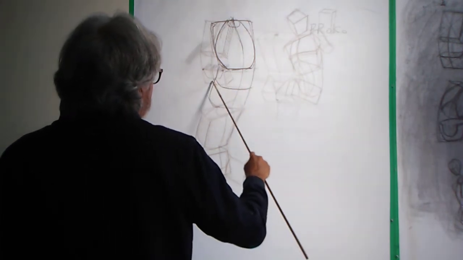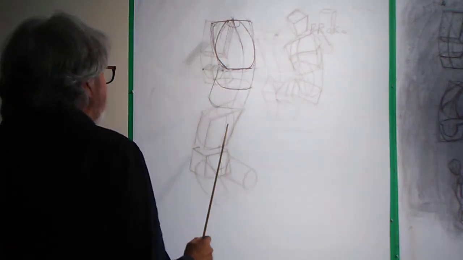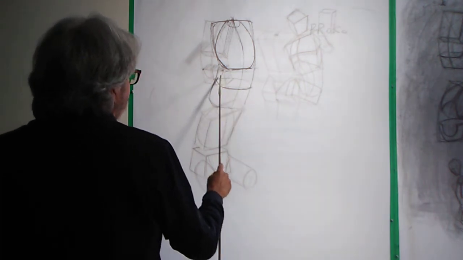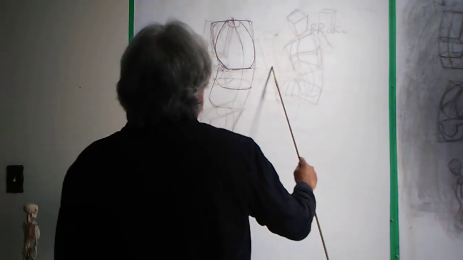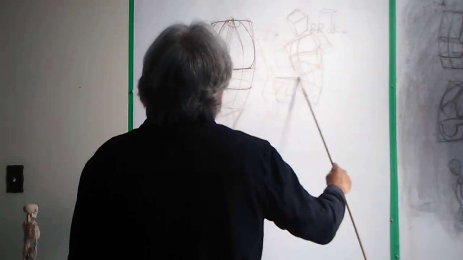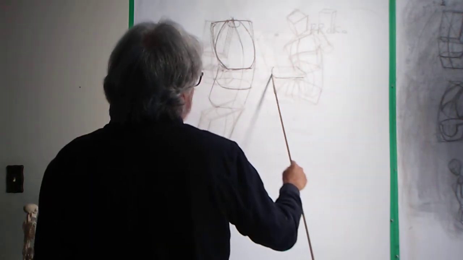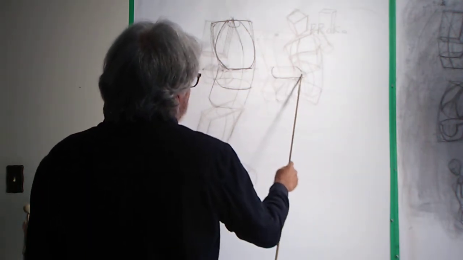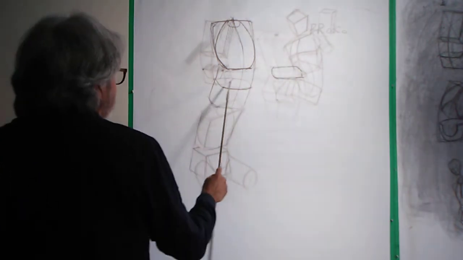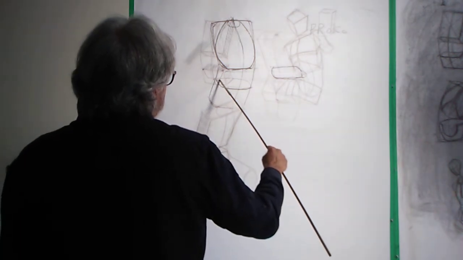Now you can use elliptical shapes like going around, but most of us with doing the figure will think planes. We think angles, but while we're doing these angles, we use curves. So in other words, we think this angle, we think this angle, we think this angle. So technically, we're thinking like a box, but we're using curves when we do it, if that makes any sense to you.